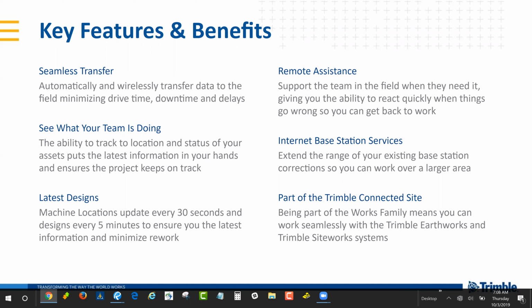Also being able to see the latest design on every machine. As I mentioned before, location updates come in every 30 seconds with status updates that come in every 5 minutes that tell us what design the machine is running. Remoting in and also streaming base station corrections is a key feature of this product as well.